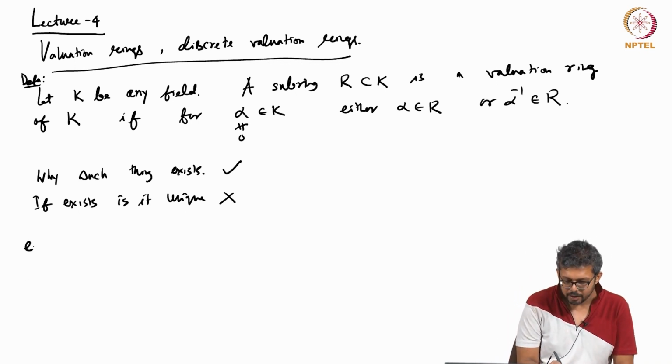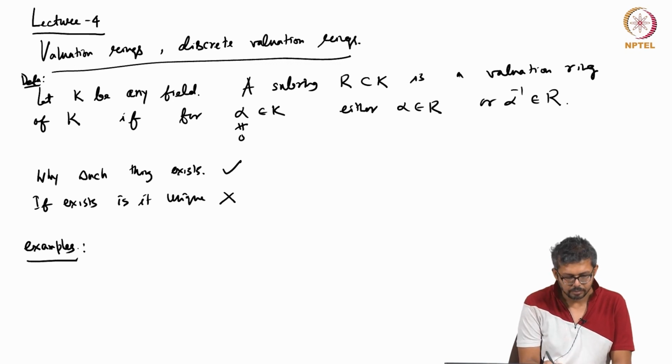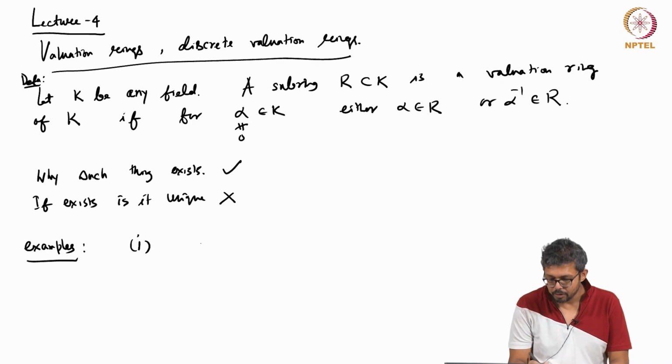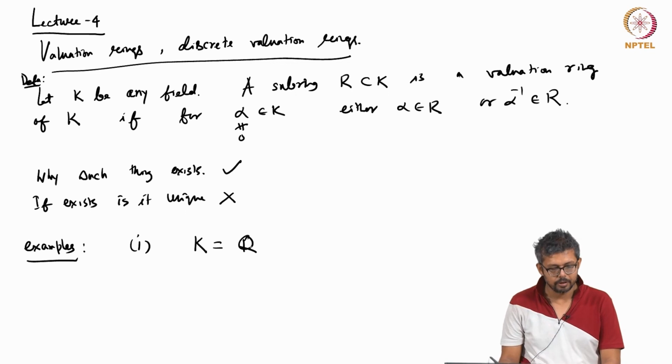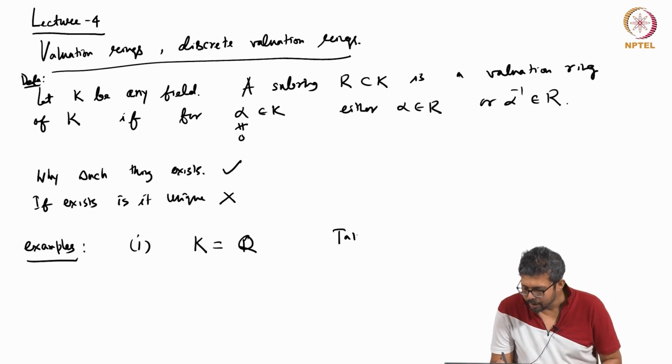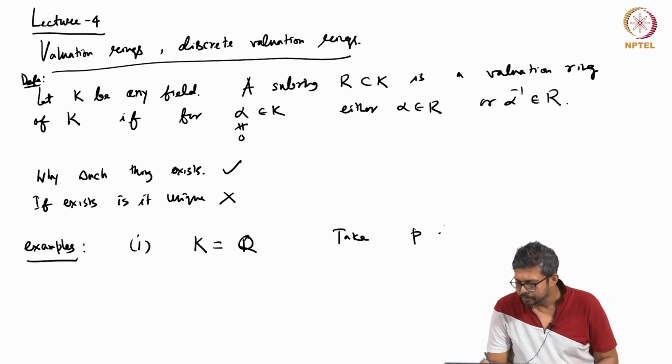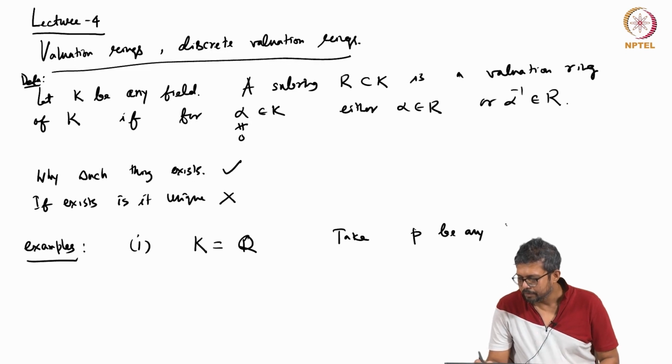Just before that, let's see some examples. So our favorite example: K you take to be the rationals, K equal to Q, and take p to be any prime number.